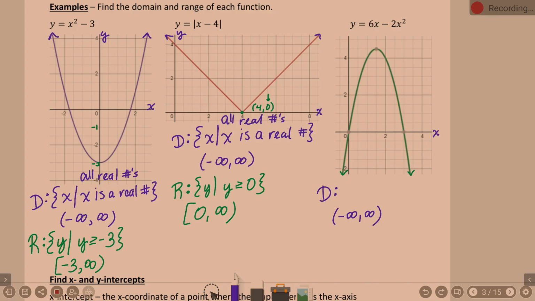Okay, so it's also all real numbers, or x such that x is a real number. Okay. Okay, what about range?